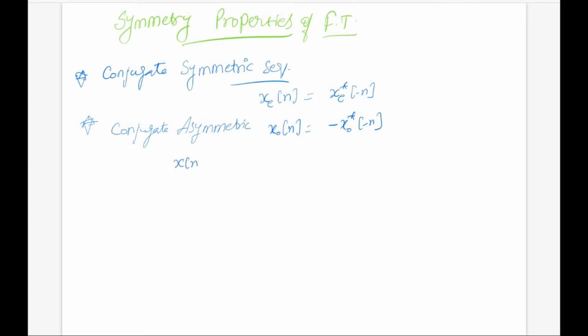For example, if there is a sequence x[n], it can be written like this, where the conjugate symmetric part can be written like this.